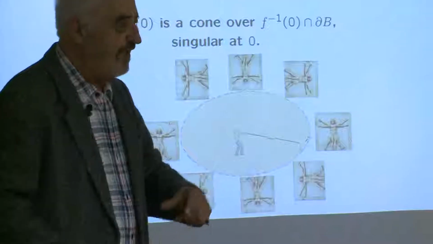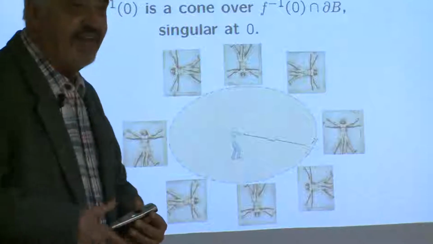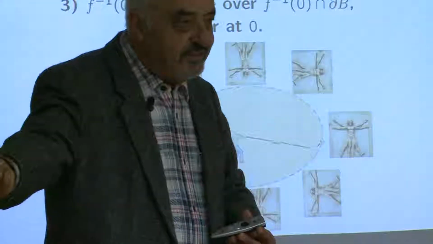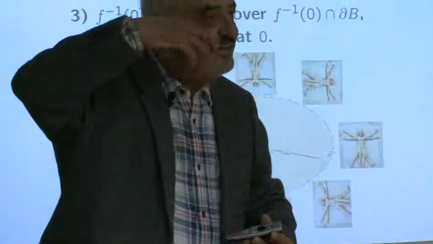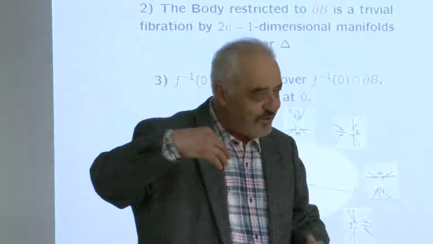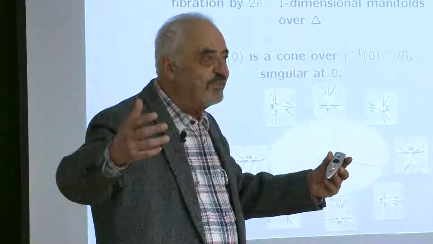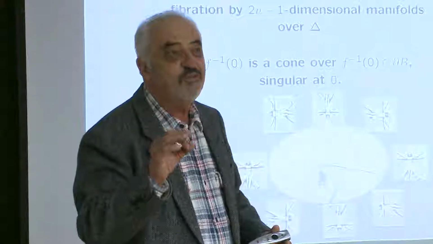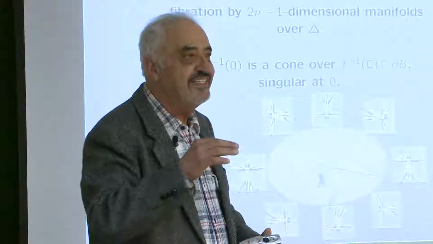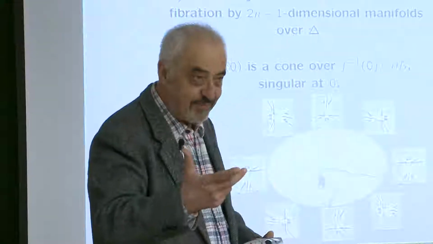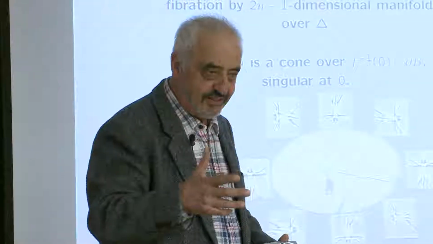So for example, perhaps one of the hands, you gave it a twist. And the neck, you gave it another twist, no? And so you come back to the same guy, but it is never the identity. That's the point. It's not the identity.